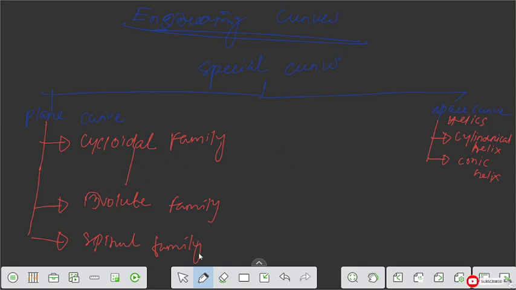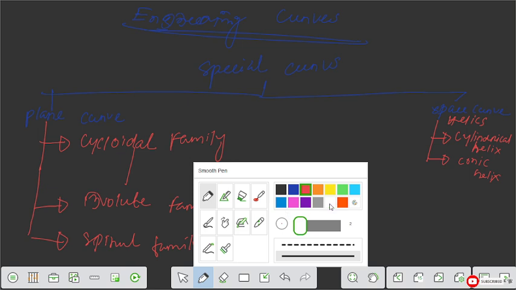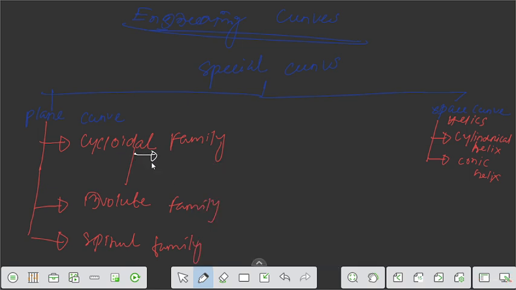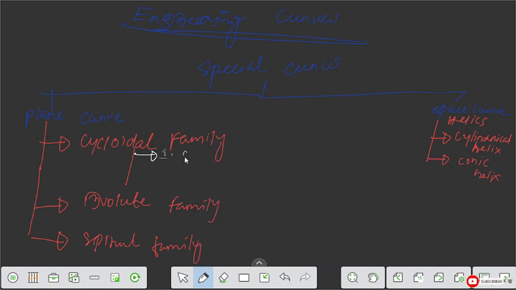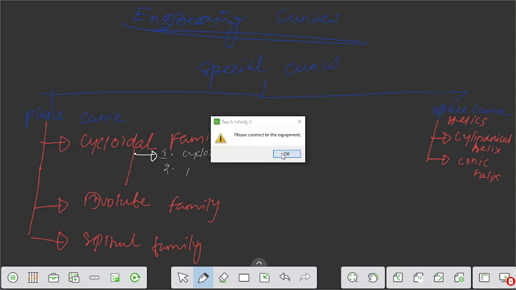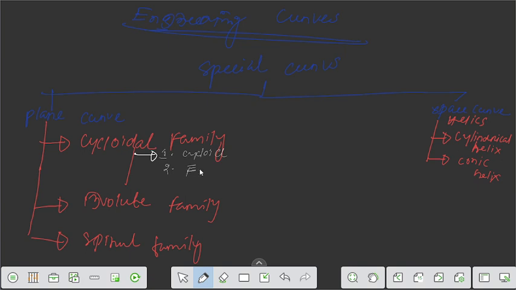So it is further divided into: one is cycloid, two is epicycloid, three is hypocycloid.